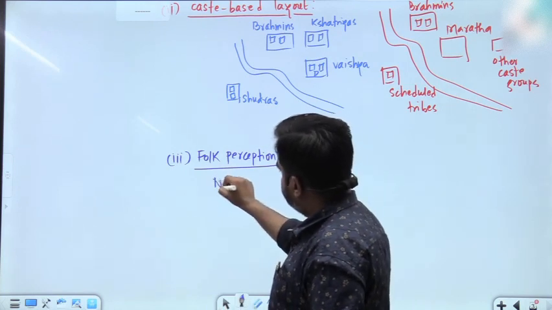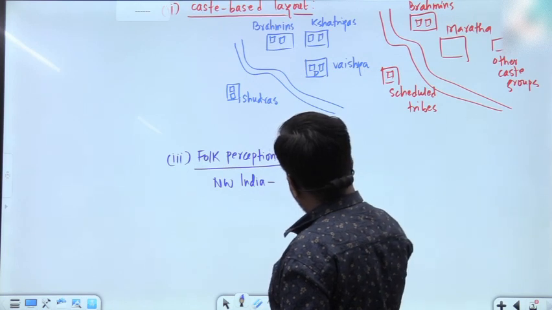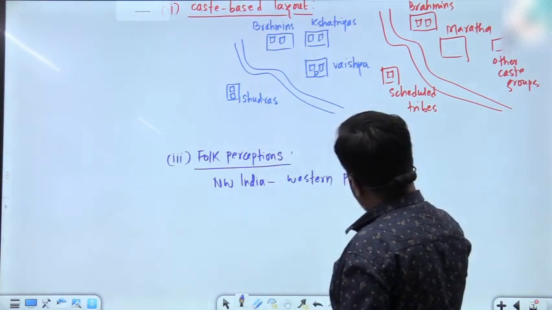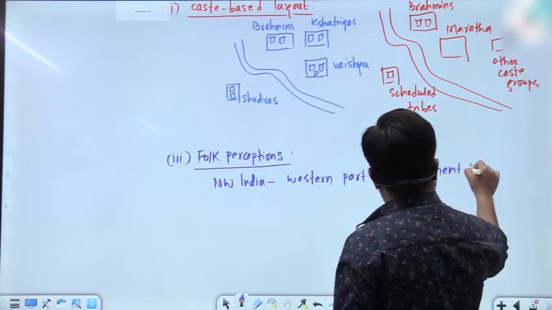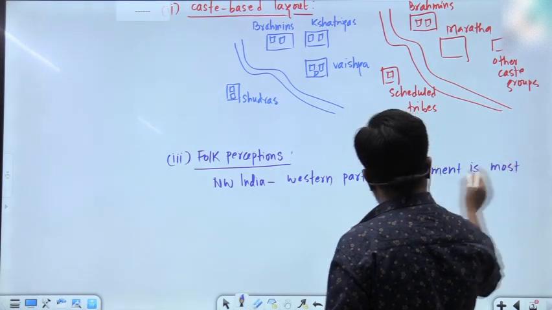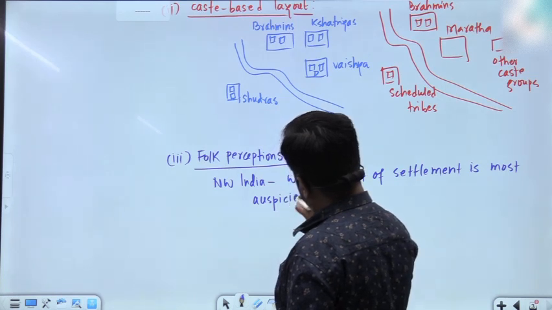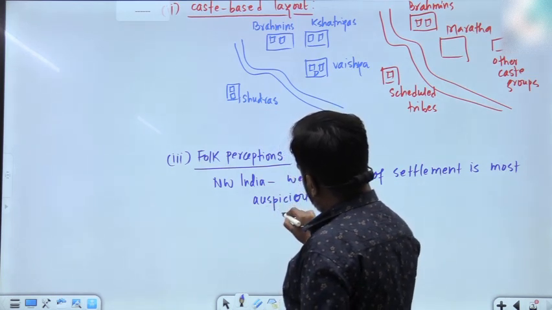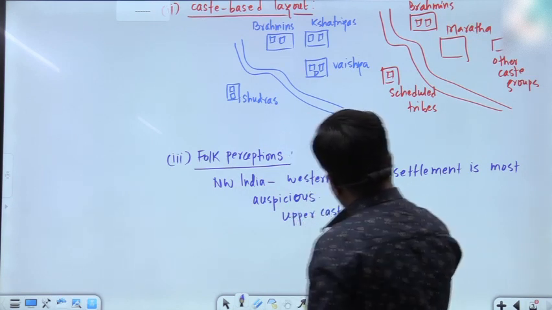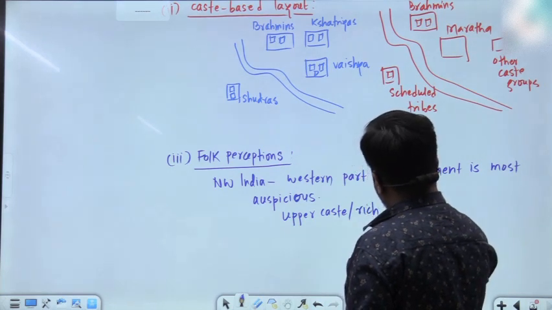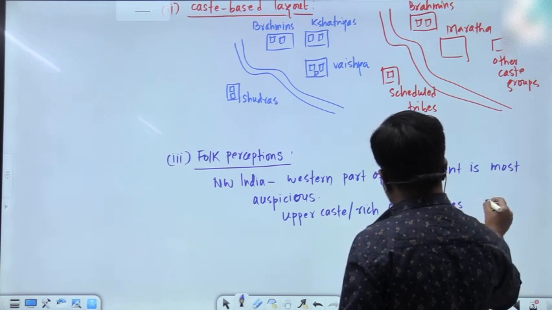In northwest India, western part of settlement is most auspicious. Okay, most important. So upper caste or the rich communities settle in west.